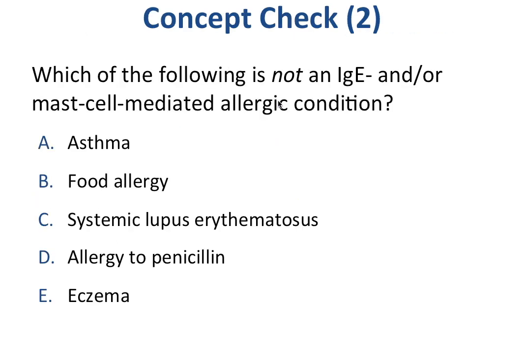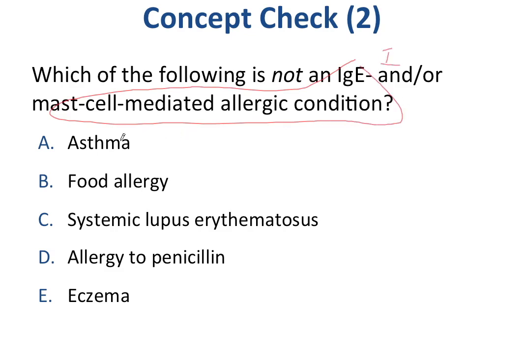So now let's work on this question. Which of the following is not an IgE or mast cell mediated allergic condition? I gave you 5 seconds. The IgE and mast cell mediated allergic condition is type 1.